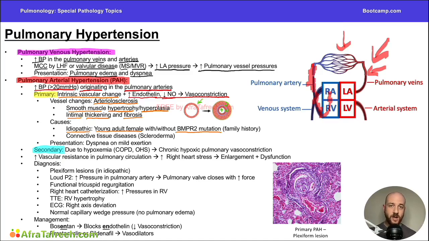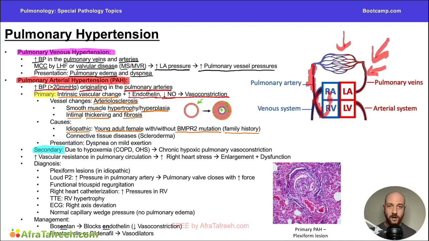And as a result, we can start to see that arteriolosclerotic change that occurs in primary pulmonary arterial hypertension. And because the BMPR2 mutation is a hereditary genetic defect, sometimes we classify this as the familial form. And so sometimes in question stems, they'll give you that the patient has a family history of pulmonary arterial hypertension.